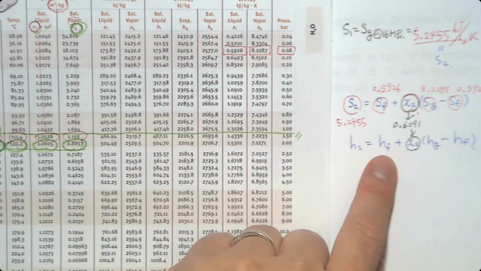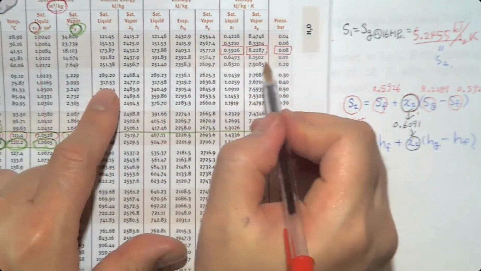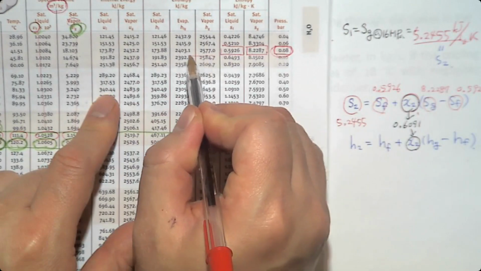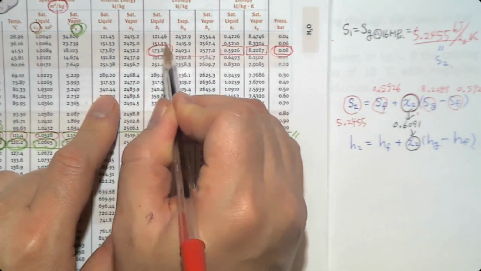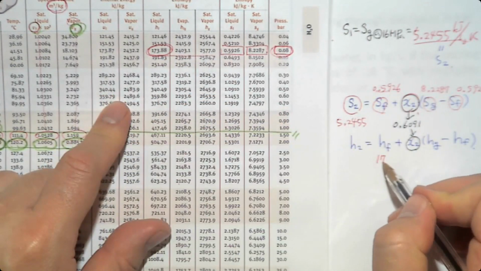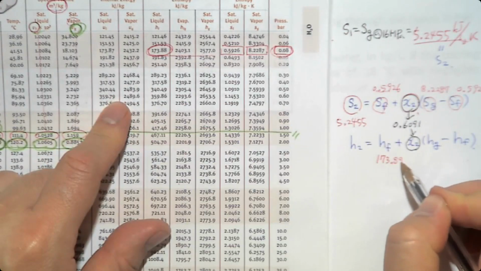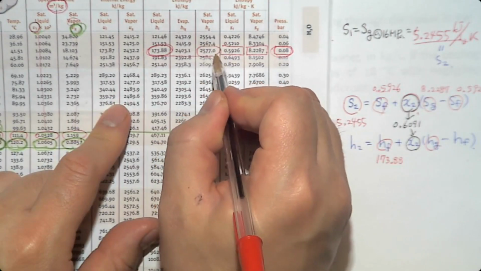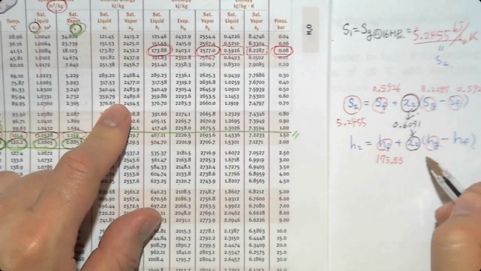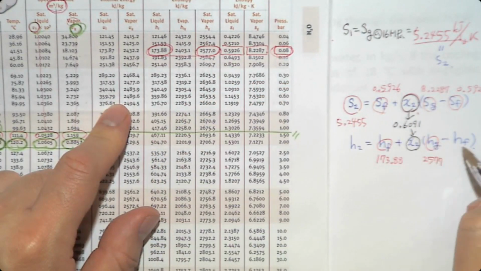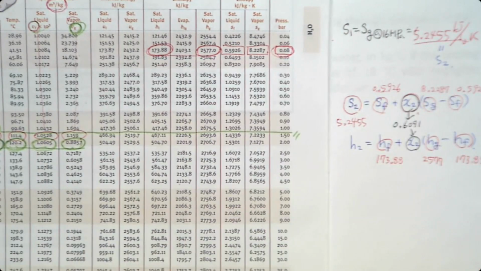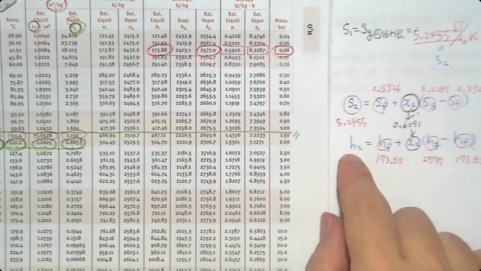Now, do we know Hf? Yes. At 8 kilopascal, Hf is this one, 173.88. What about Hg? This one, 2577. Hf, again this one, 173.88. So we have everything. Can you determine H2?